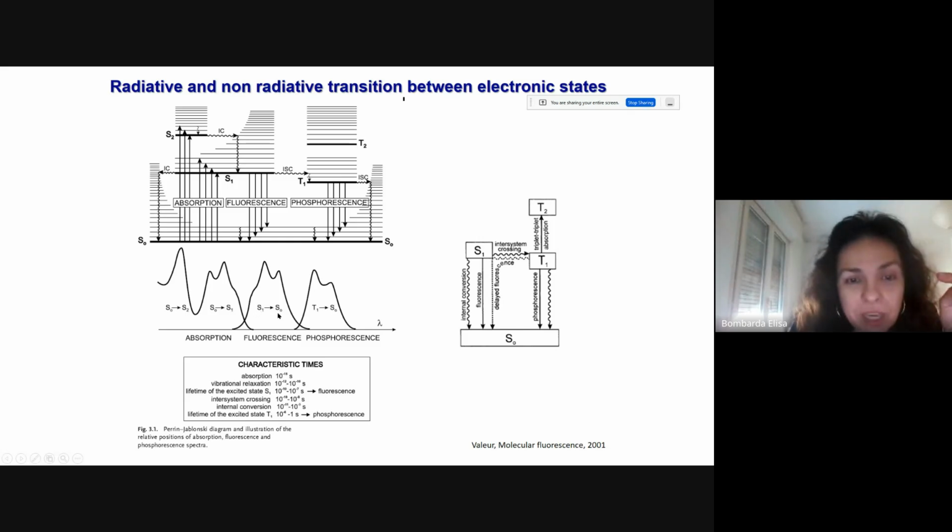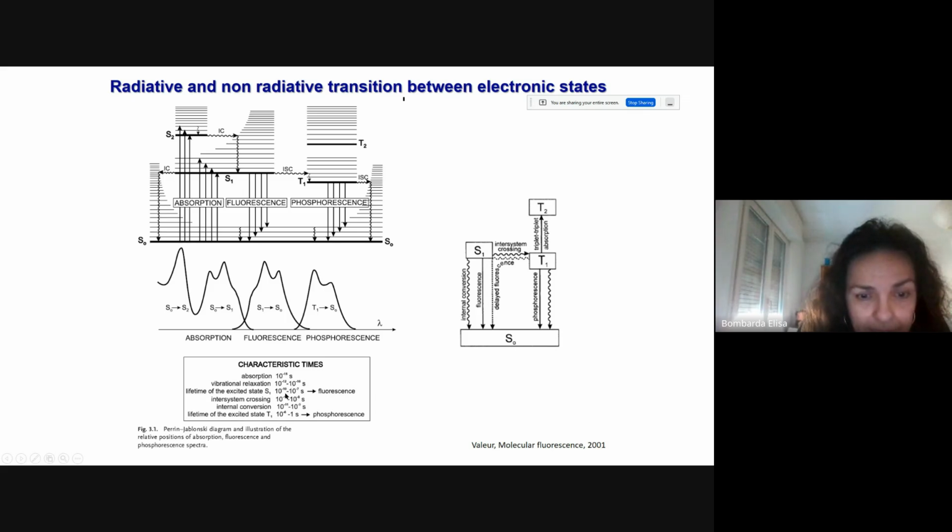Now here we have emission, that is fluorescence, S1 to S0, and phosphorescence, T1 to S0. We also have the time scale of the phenomenon. According to what I was saying, vibrational relaxation is very fast. Where is it? Yes, here, it is in the picosecond scale.